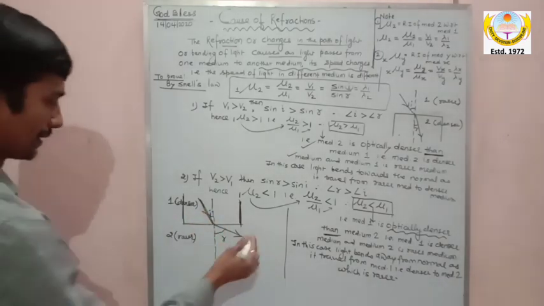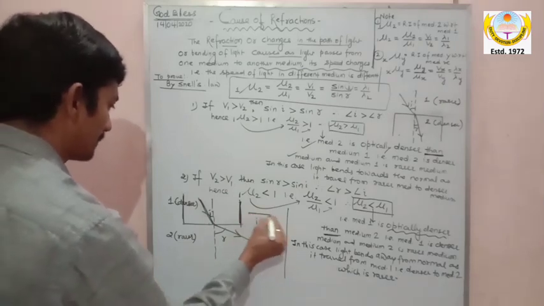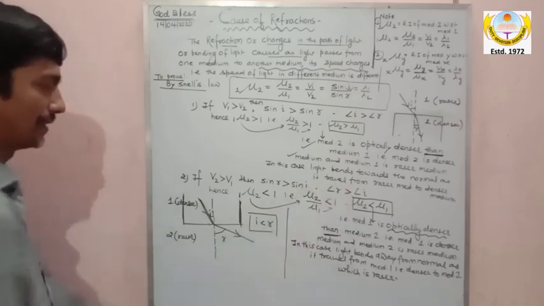Here is I, here is R. Here you can see angle I is less than R, or R is greater than I.